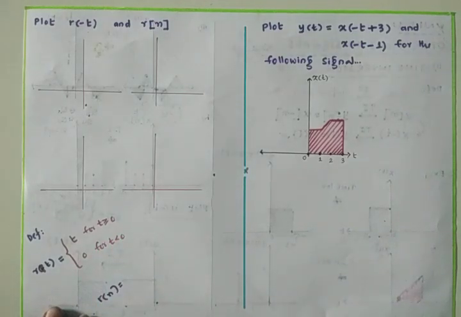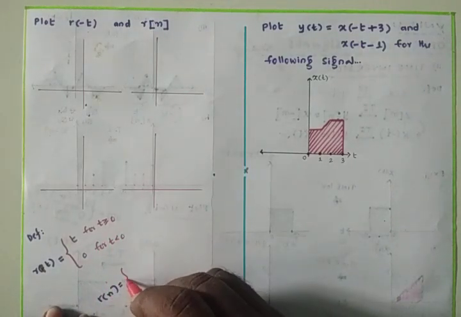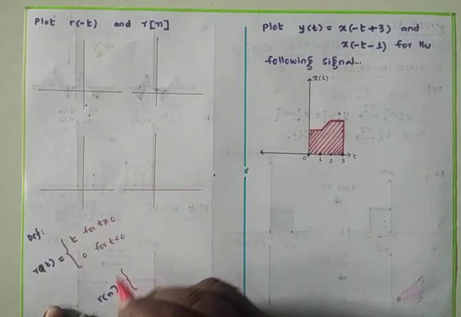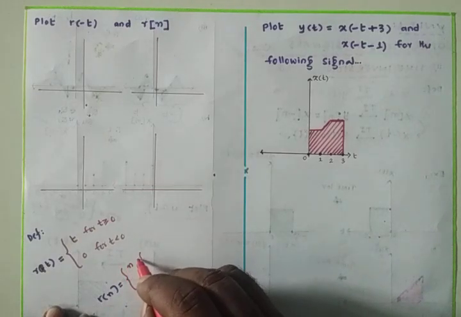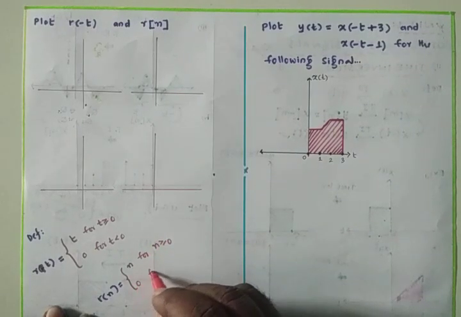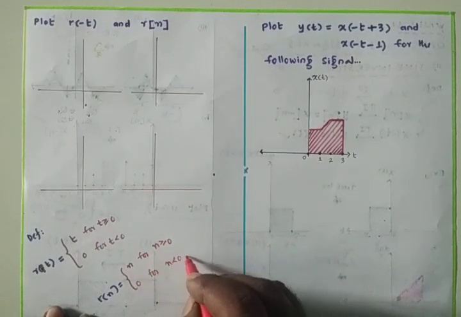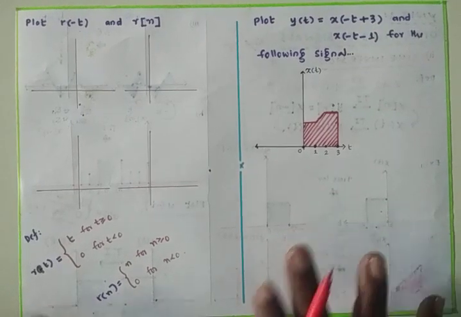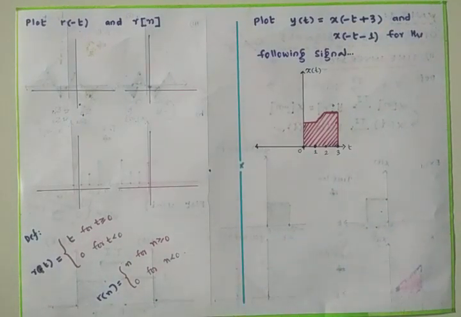Coming to r of n, it is a discrete time ramp signal. R of n is equal to n for n greater than or equal to 0, and 0 for n less than 0. This is the standard definition for the ramp signal in continuous time and discrete time, based on the mathematical representation of these signals.